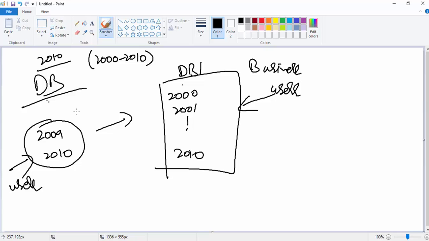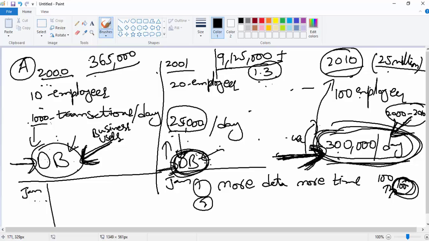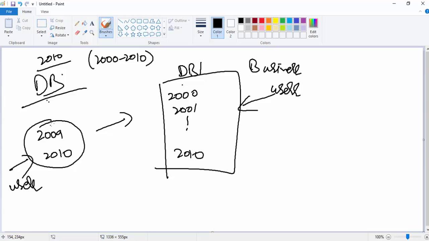As we divided the data, the performance issue is reduced, because previously both were accessing the same database at the same time, which might impact the performance. Now one database has only the data that might be updated, and the other has the complete data that the business users access.